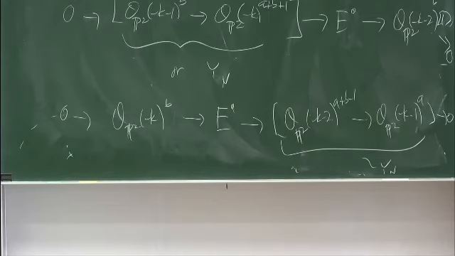I guess the upshot is that everything seems to be working pretty well for ideal sheaves of points on P2, but we're stuck when we're trying to do the general case, primarily because we don't have any kind of a GIT.